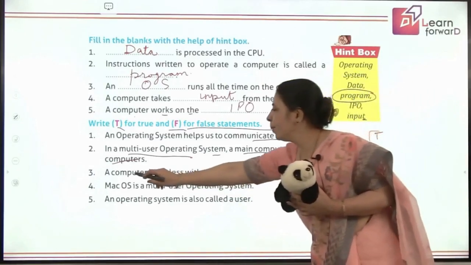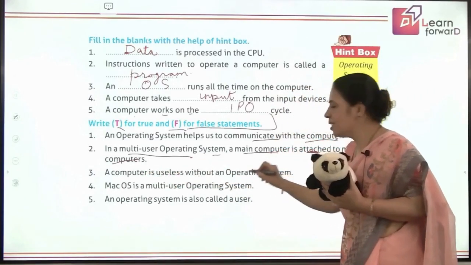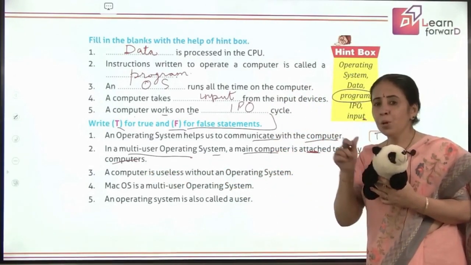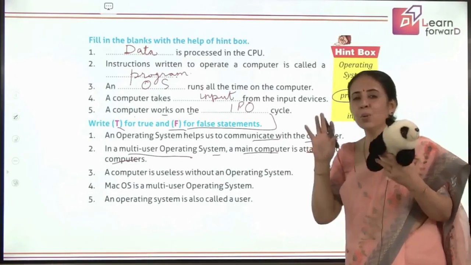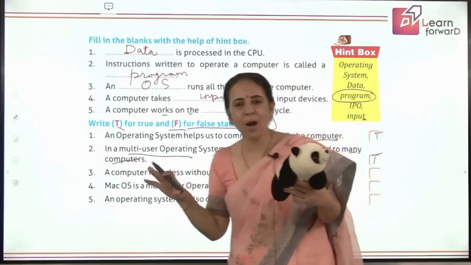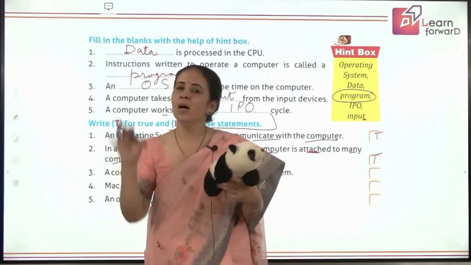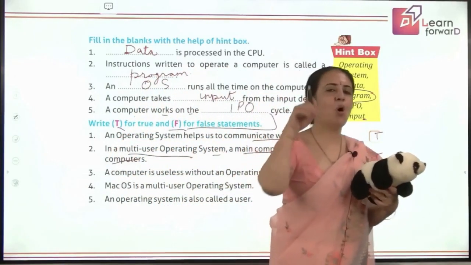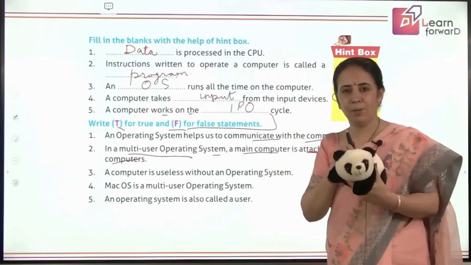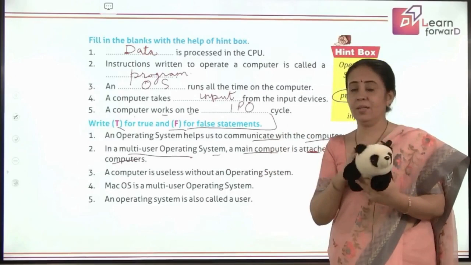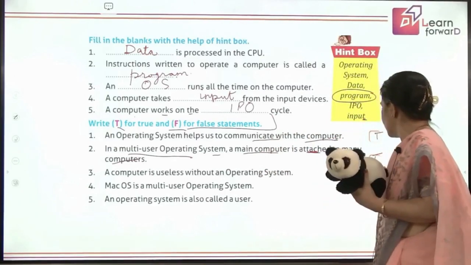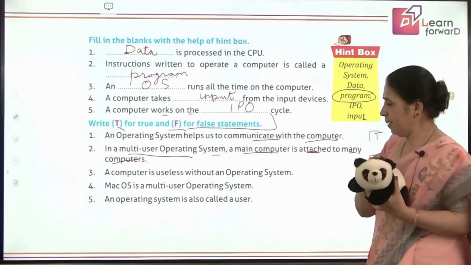And a computer is useless without operating system. You remember I told you, you cannot work and you cannot use any hardware, any software until you put an operating system to the computer. It provides the initial intelligence. Correct. So this is again a true statement.